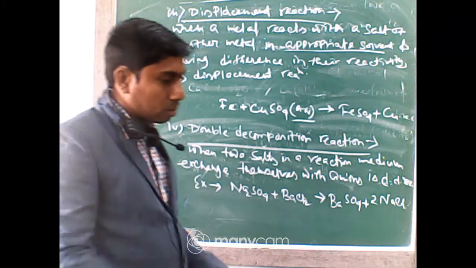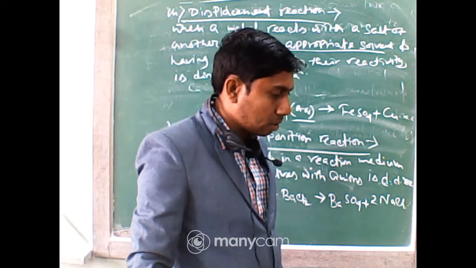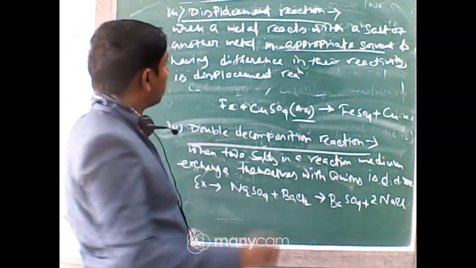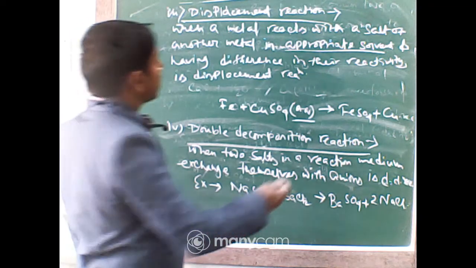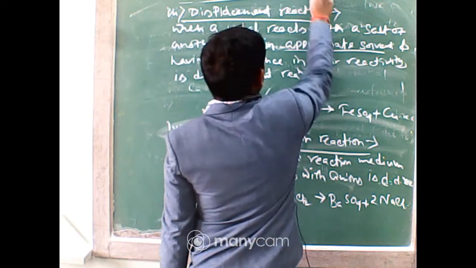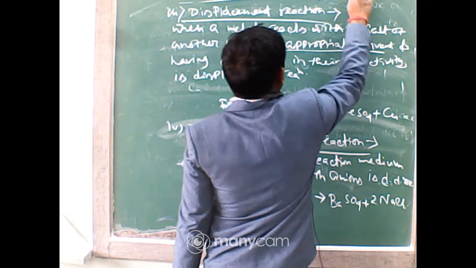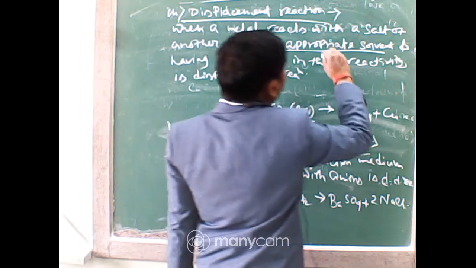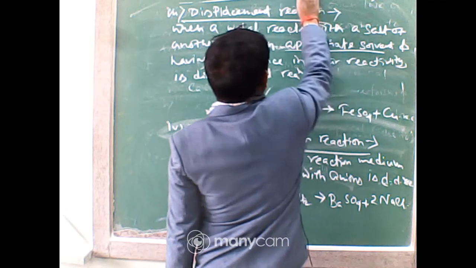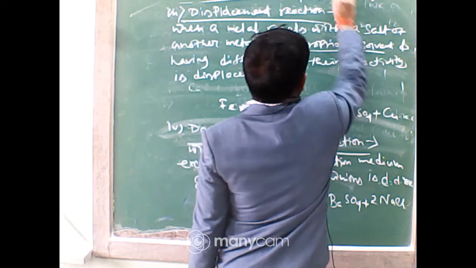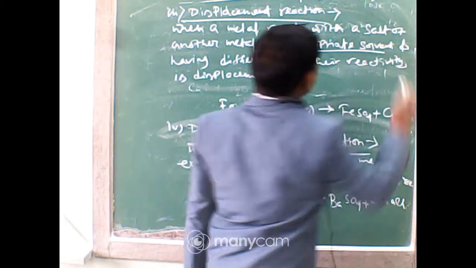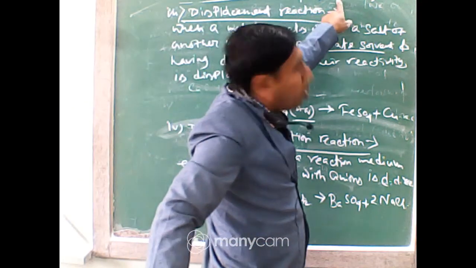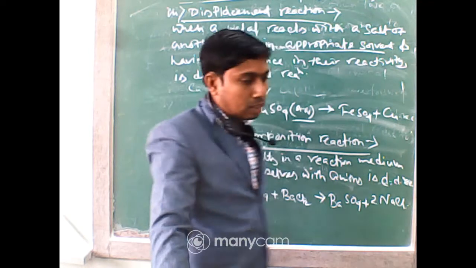Now understood, Ronit, what is the principle for doing combination? Here the principle is that if you write the equation Mg plus O2, that is formation of MgO, 2 moles of magnesium react with 1 mole of oxygen to produce 2 moles of magnesium oxide.